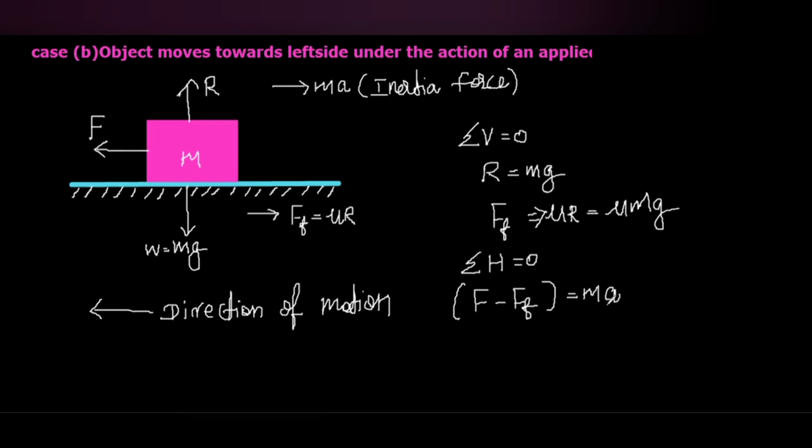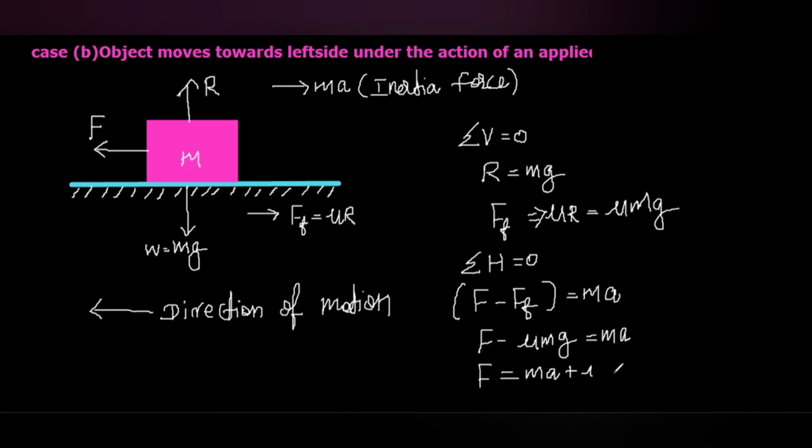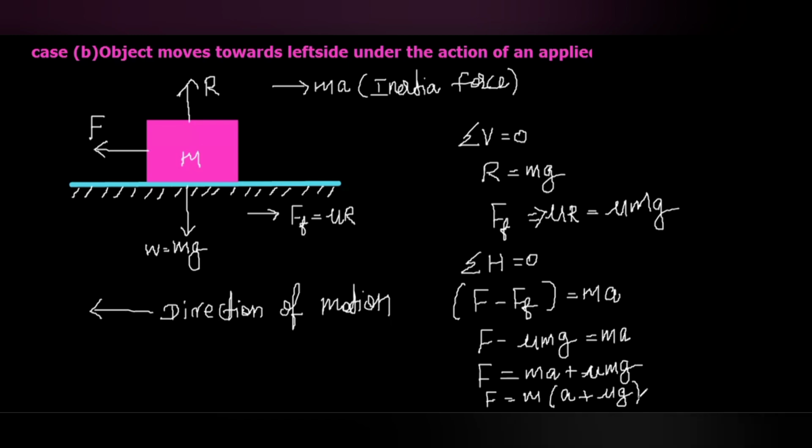Here we can substitute Ff equal to mu mg. We can write F minus mu mg equal to ma, then we can write F equal to ma plus mu mg. These are all the further simplification. If you take mass outside, then we can write m multiplied with acceleration plus mu multiplied with g, like that we can write. Further simplification we can do as per our convenience.